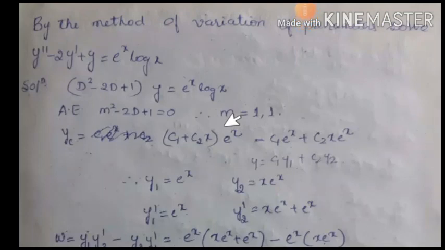Now let us work out some more problems related to variation of parameters. In the last class we have solved some problems regarding this method. I had taken the right hand side of the differential equation in the previous class as trigonometric functions, only trigonometric functions.